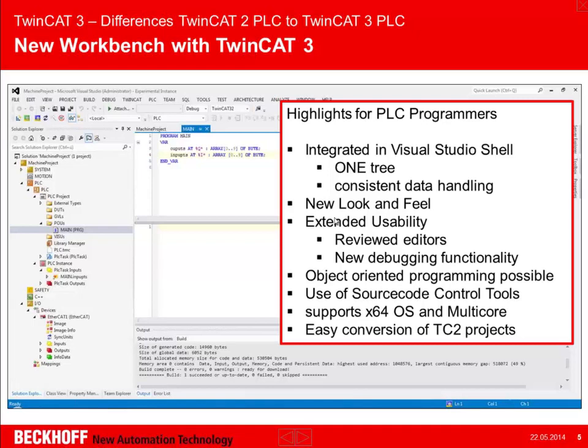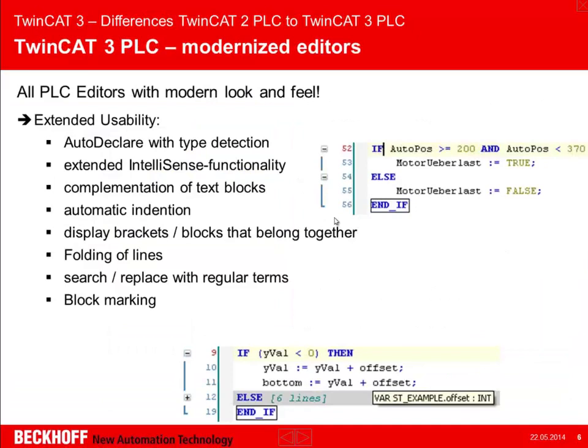So we start with the overview of the editors. They have a completely new, modern look and feel, Windows look and feel, and we have different new functionalities. We have this new auto-declare with type detection, which makes life easier if you have a new variable and you want to declare this new variable.